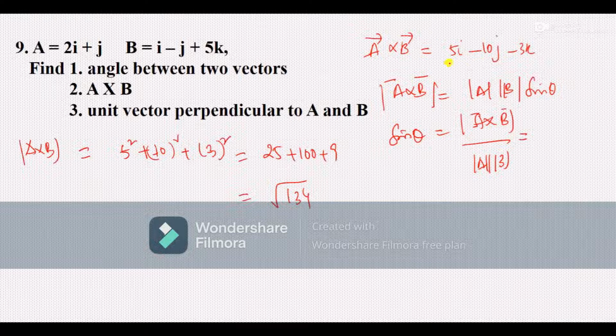Similarly, we will find the magnitudes of A and B from the given values. For A it is 2 squared plus 1 squared plus 0. For B it is 1 squared plus minus 1 squared plus 5 squared.